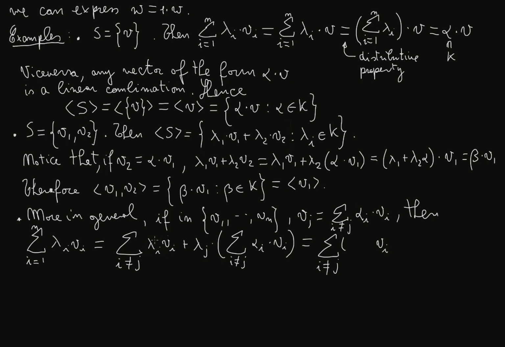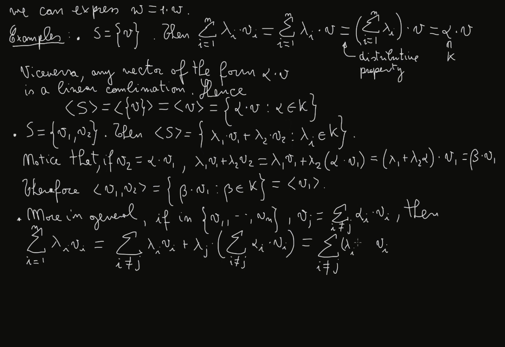Here the contribution is just lambda i, plus here every summand, since we can distribute lambda j to each of these summands, the coefficient of vi is going to be lambda j times alpha i.